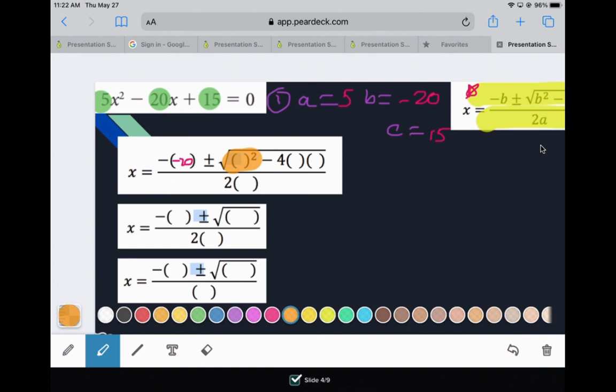What values work here? Okay, still negative, the value is negative 20, yes. So negative 20.